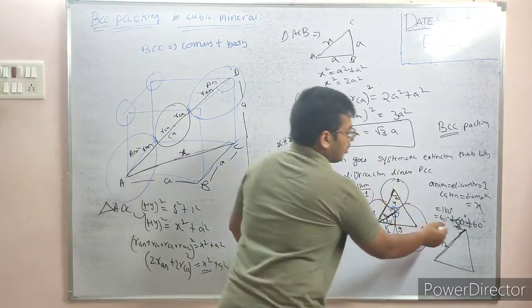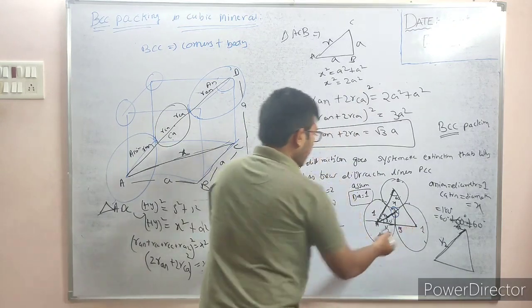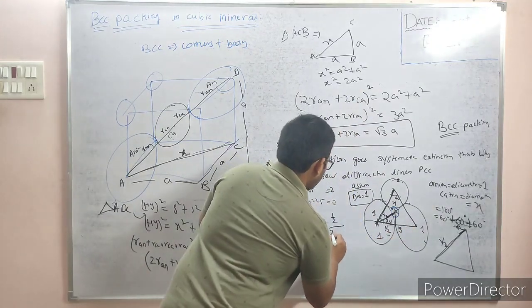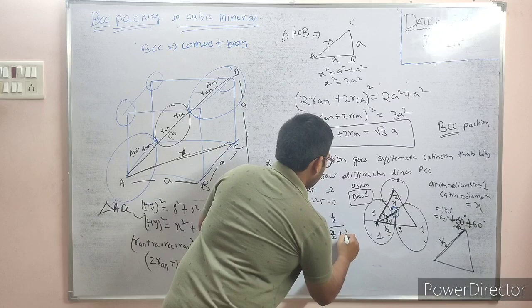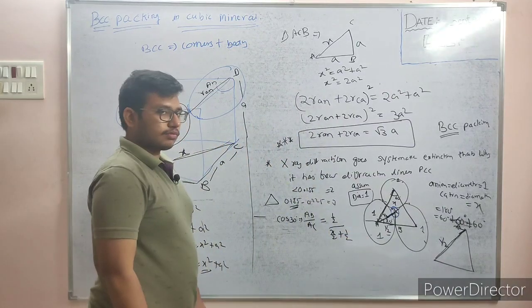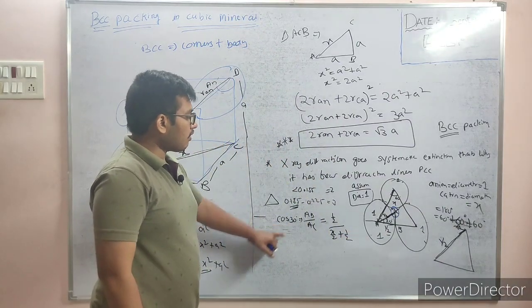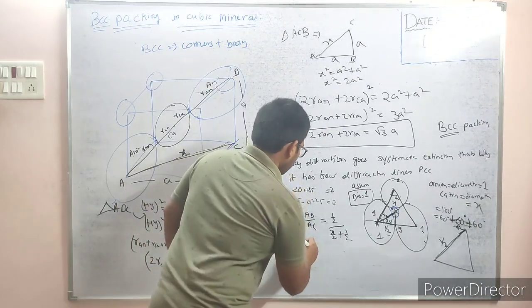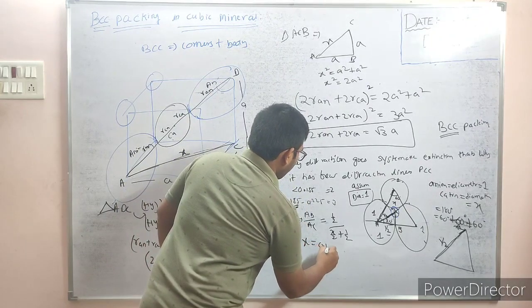When we take half, it will be x by 2. So the hypotenuse will be x by 2 plus 1 by 2. When you solve this, you will get the value of 0.155.